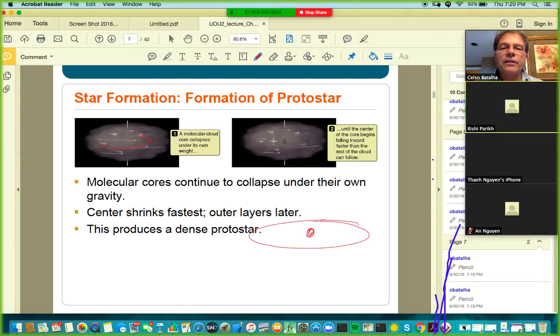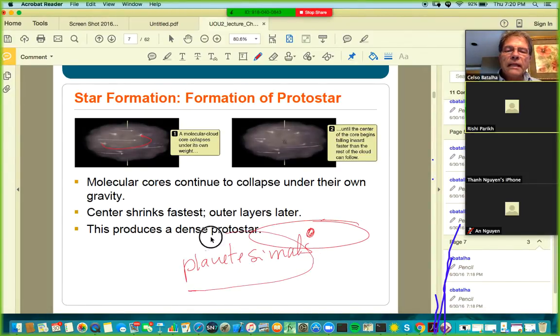The disk allows the formation of dust particles and small particles that are called planetesimals. This is important. Planetesimals are a bunch of debris that circulate and rotate around the central star, pretty much in the flattened region.